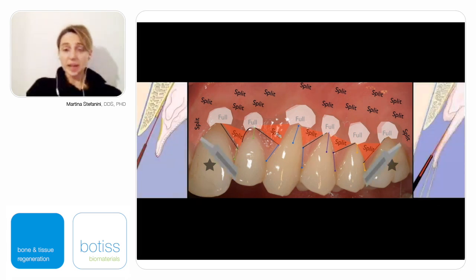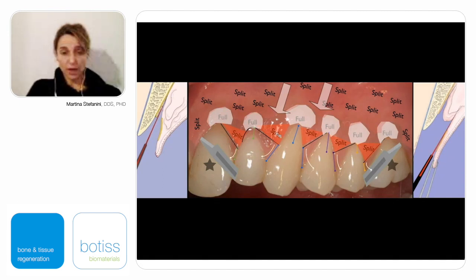We see that our envelope cuff type flap for multiple gingival recession is not only a movement in the coronal direction, but also the papilla mesial to the canine rotates toward the mesial aspect, while the papilla distal to the canine will rotate toward the distal aspect.